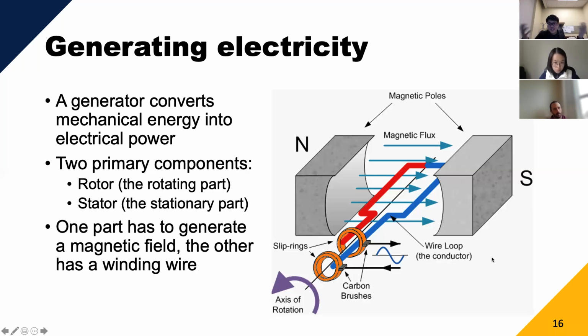This is essentially how all electricity is going to be produced. And we're going to look at different techniques for combusting our fossil fuels in order to achieve this outcome that we ultimately want.